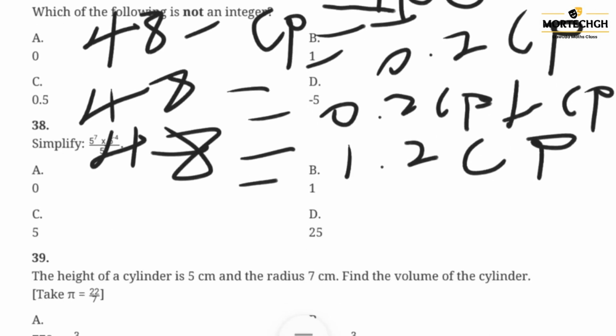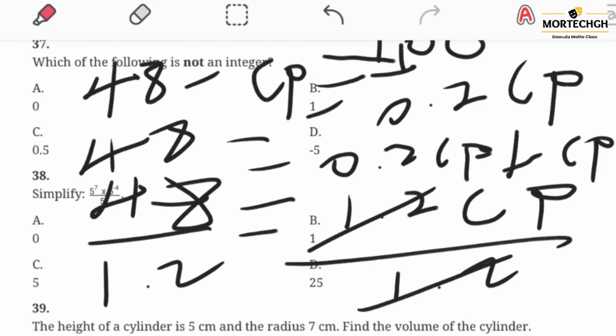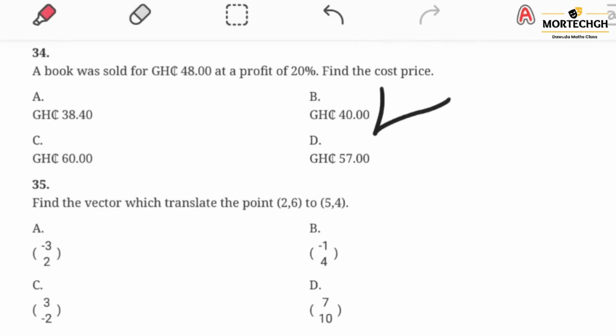We divide both sides by 1.2, and 1.2 will cancel 1.2, leaving the cost price equal to 48 over 1.2, which is 40. And that's the final answer, meaning the cost price is equal to 40.